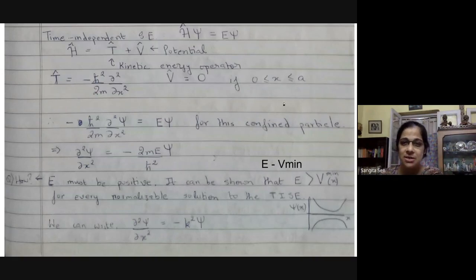In our case, V minimum is 0, so E must be positive. So how can we see that?